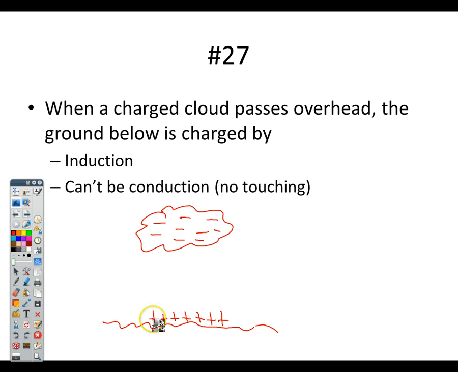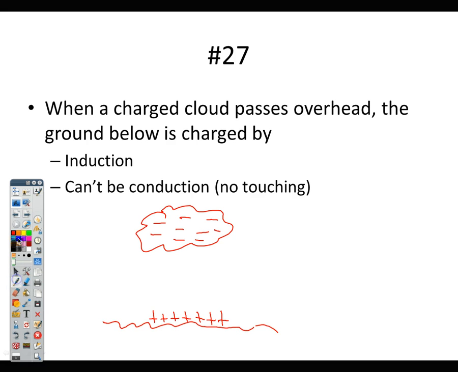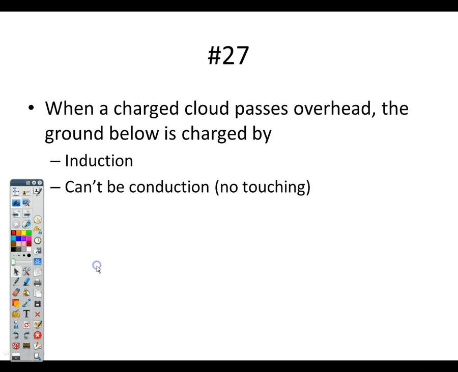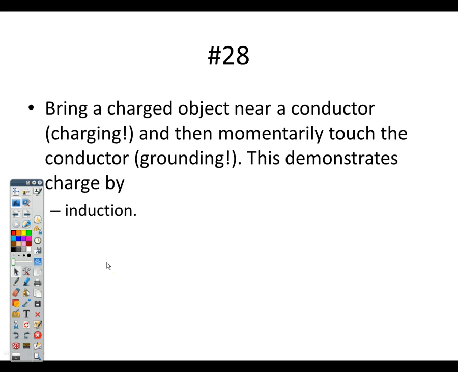So the ground is positive here, and a little bit below the ground we would have negative charges, and that's from the repulsion of the cloud's negative charges. So this is induction. There's no touching going on at all. For the next question, number 28, it says bring a charged object near a conductor and then momentarily touch the conductor. This demonstrates charge by induction. So just another definition of induction.